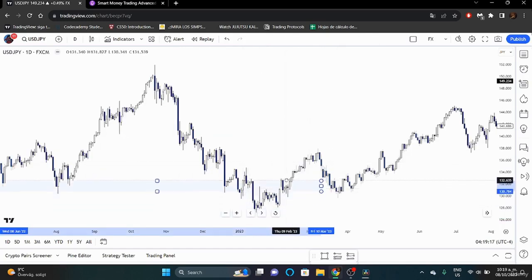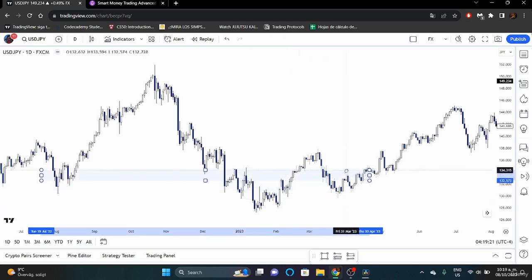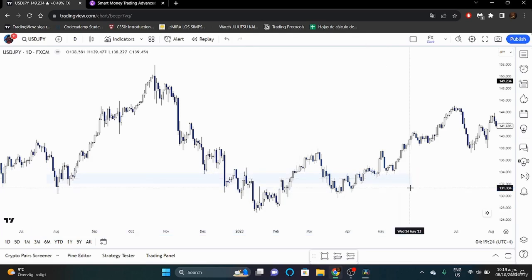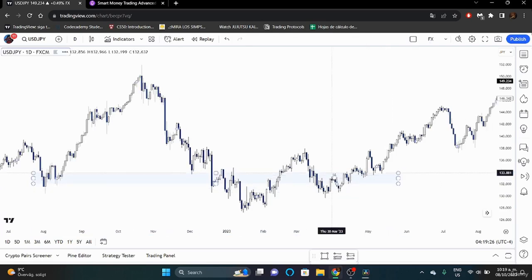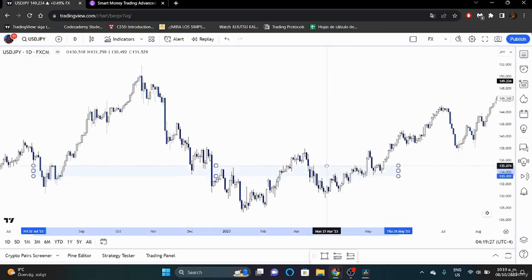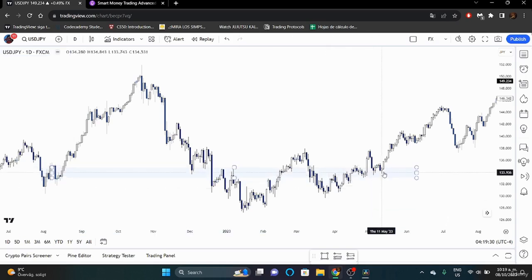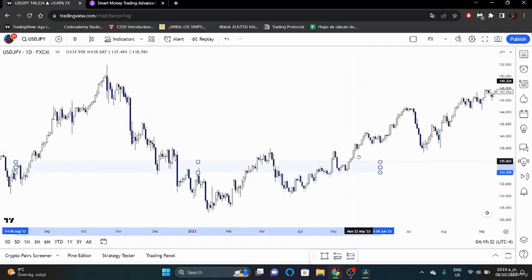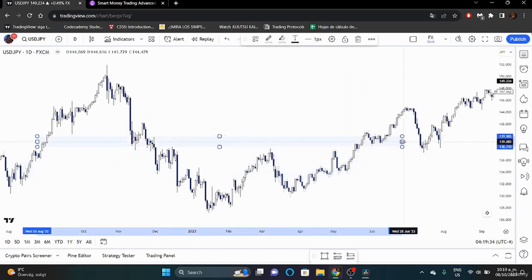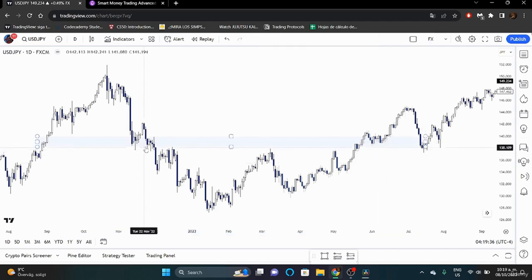Same thing here. Once we break through, we accumulate. Once we break through the zones of accumulation of a downtrend, then it accumulates there. What's the next zone? This was the next zone of accumulation. We accumulate over there. You can see this is the accumulation zone. We accumulate there over again.